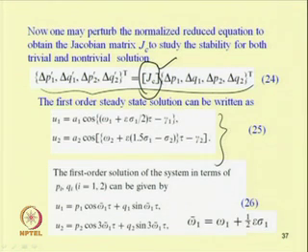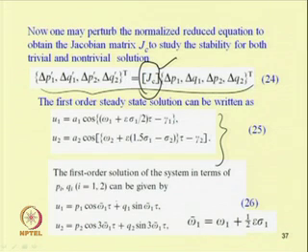equation can be written in this form, that is U 1 equal to A 1 cos of omega 1 plus epsilon sigma 1 by 2 into tau minus gamma 1, and U 2 equal to A 2 cos of omega 2 plus epsilon 1.5 sigma 1 minus sigma 2 tau minus gamma 2.